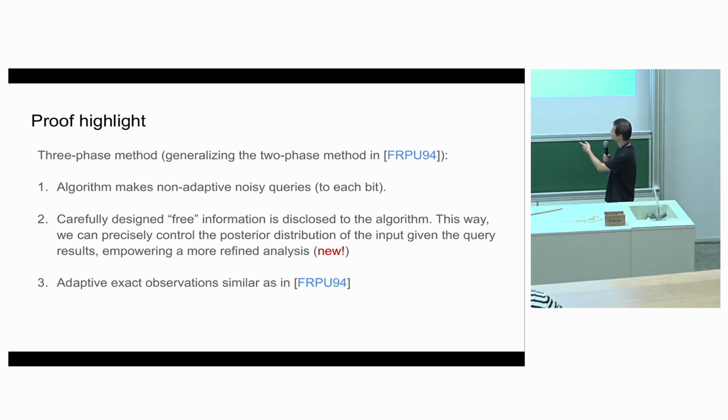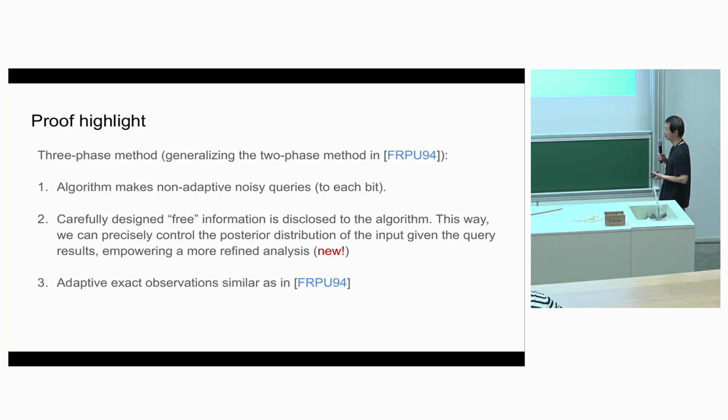The second step is basically the most important step in our proof. This is a new step we add to our work. We carefully design some free information that is disclosed to the algorithm. The advantage of doing this is that by controlling this free information, we can carefully control the posterior distribution of the input, given the queries and also the free information. This makes the analysis easier.